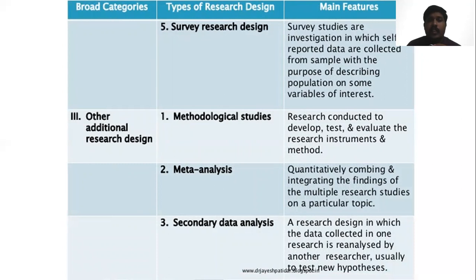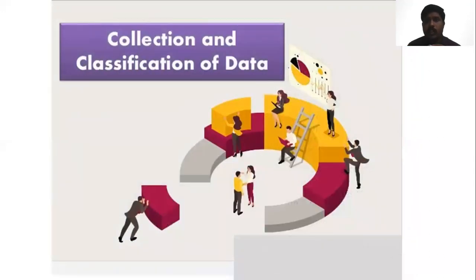The last one is survey research design. So we have other types of research designs too. They are methodological studies, meta-analysis, secondary data analysis. So after fixing the research design, we have to go for collection of data.